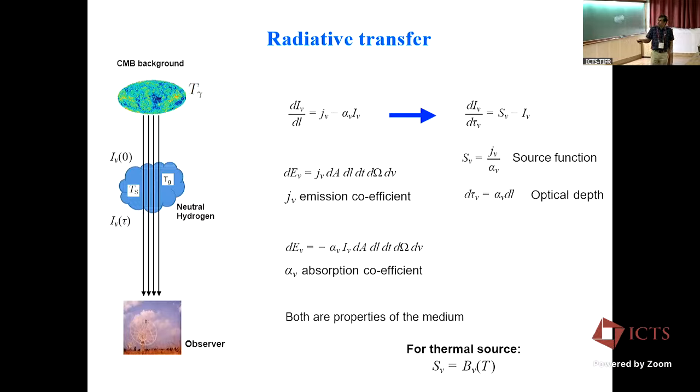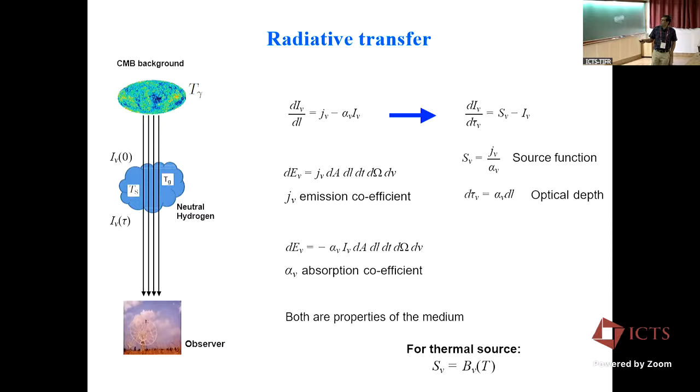So this cloud will add some 21 centimeter radiation to the CMBR background, and that depends on the source properties. That is the emission coefficient. But it can also absorb radiation from the CMBR background, and that is given by alpha nu I nu, where alpha is the absorption coefficient.